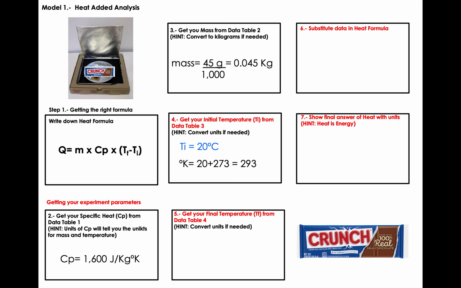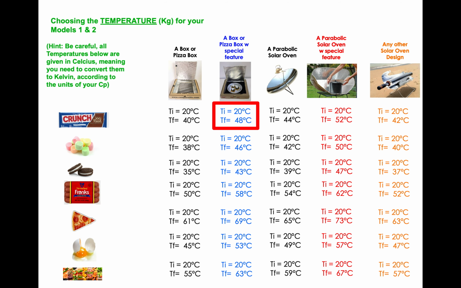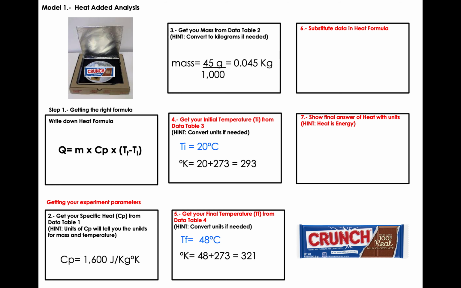And because I need it in Kelvin according to the specific heat, I immediately copy the formula for conversion. It's just adding 273 and I got 293. Final temperature is the next one, is 48, and again I do the same. I just add 273 and that gives me 321.